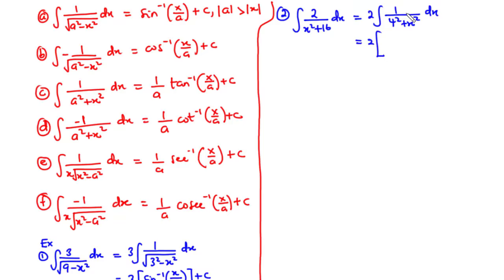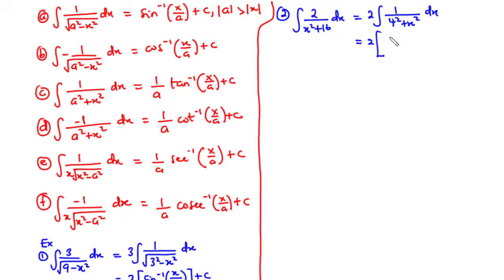Comparing this to any of the 6 we have here, we have 1 over a squared plus x squared, that corresponds to 1 over a times tan inverse of x over a.